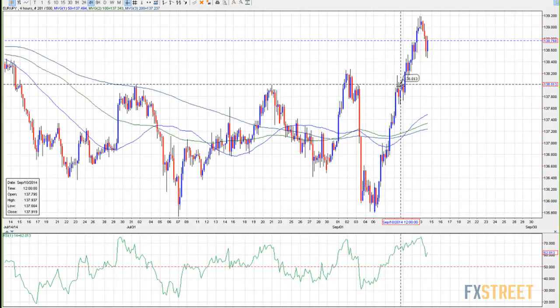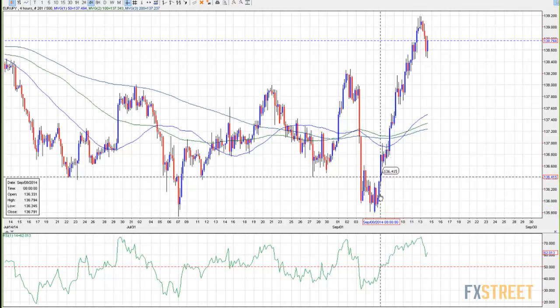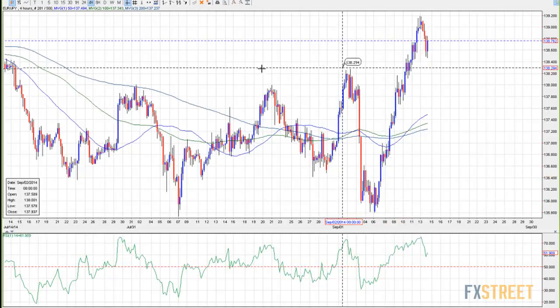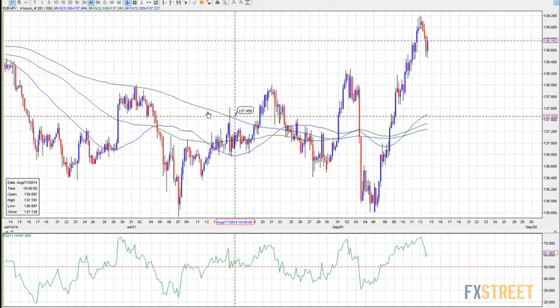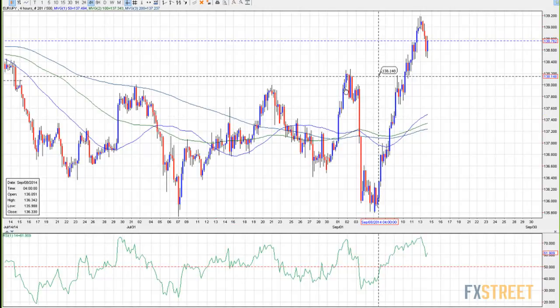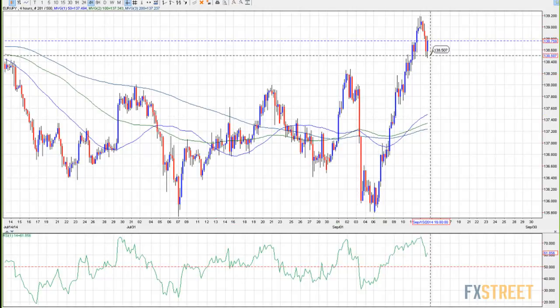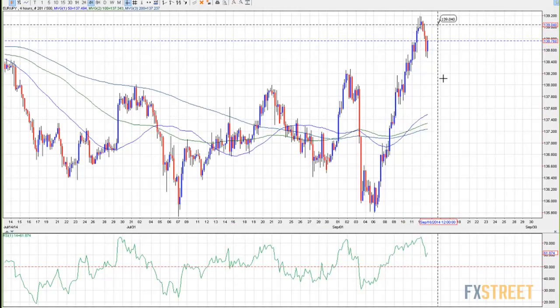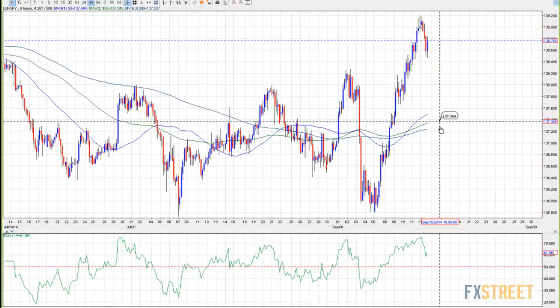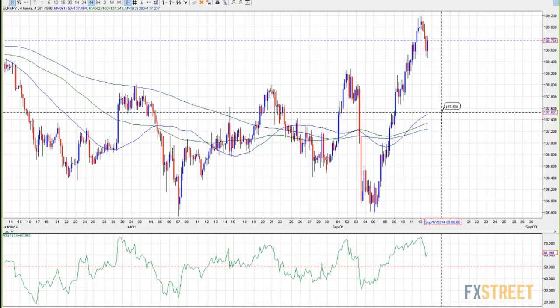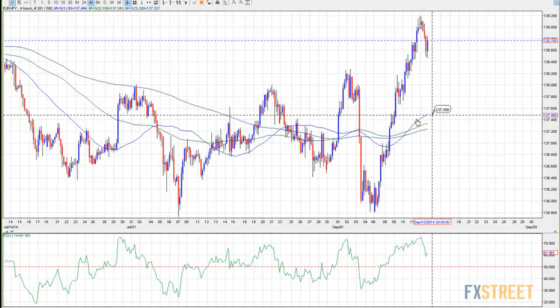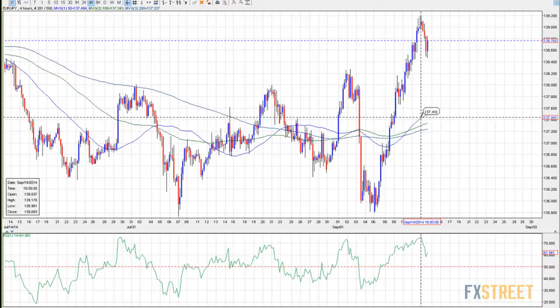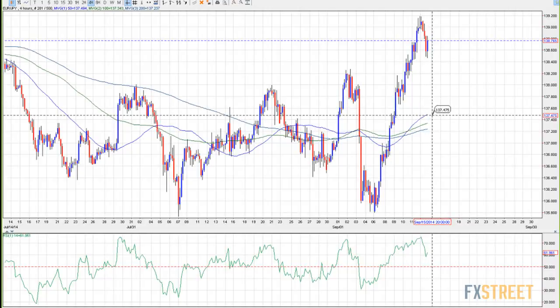Now, this reaction broke above these highs from August and the beginning of September, and it's pretty much giving us a bullish signal here. Now, if this comes back and pulls back, a bullish market should keep this pair above this cluster of simple moving averages, the 200 and 150 period simple moving averages.